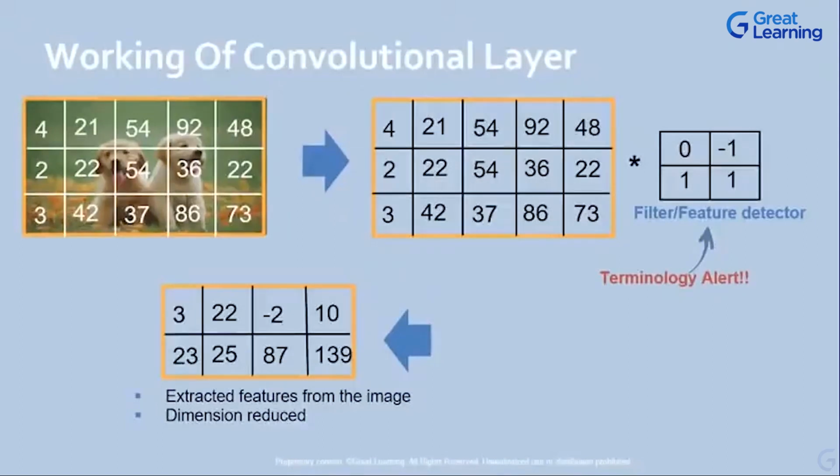If you can see, I have this part, 4, 21, 2, 22, a 2x2 matrix, right? Now what I need to do is multiply: 4 into 0, plus 21 into -1, plus 2 into 1, plus 22 into 1, right? And then I will get a value for that.